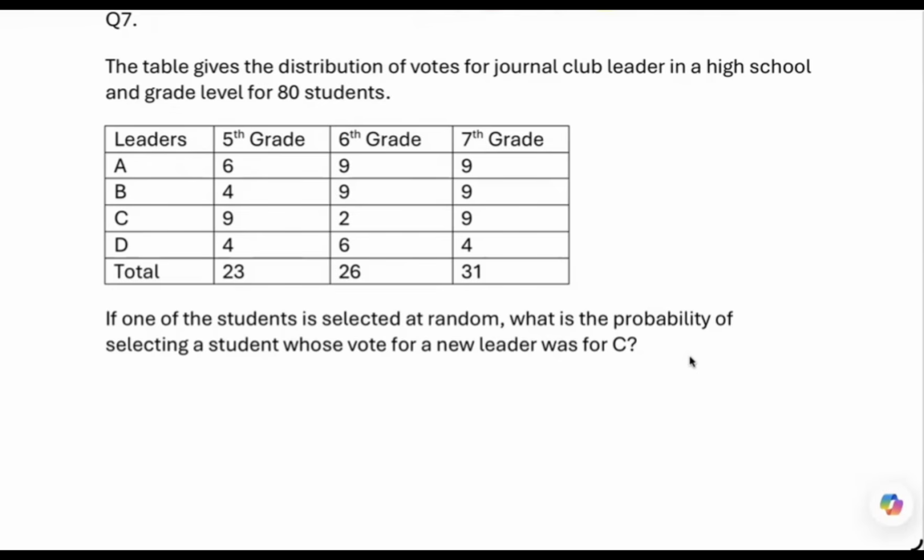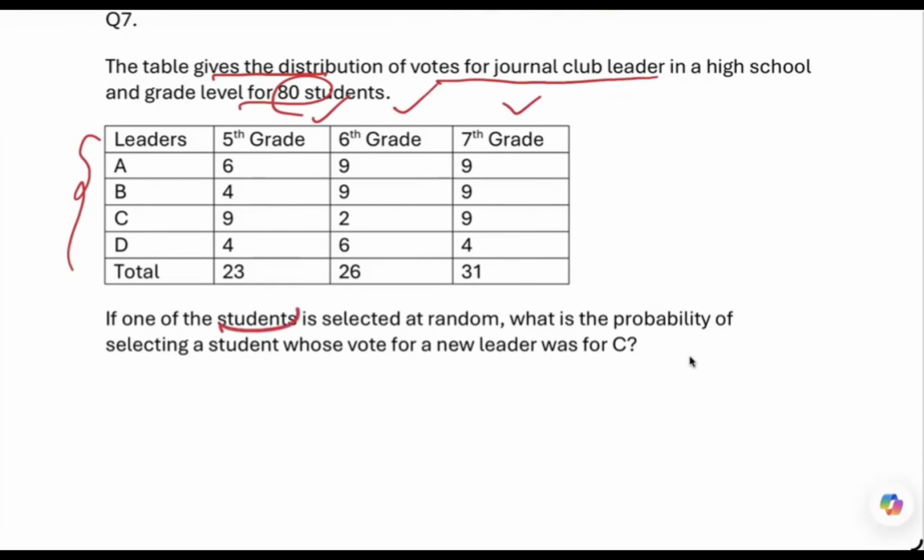Let's get to it. The table gives the distribution of votes for general club leaders in a high school. For grade level, there are 80 students in the class. And for the leaders, there were 4 leaders, A, B, C, D. And then 5th grade, 6th grade, 7th grade voted.